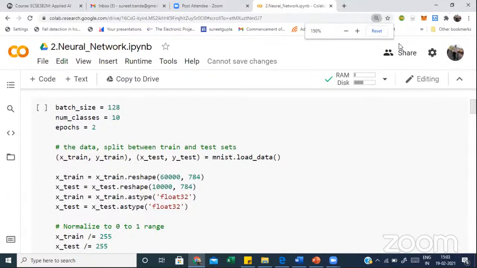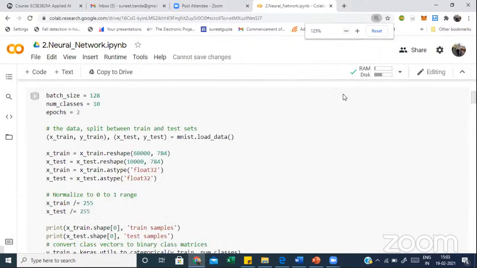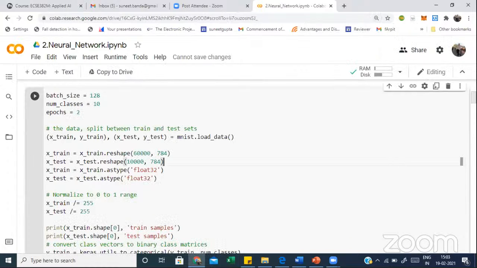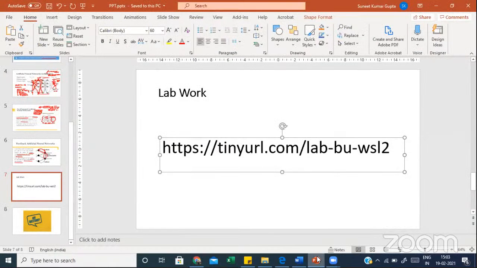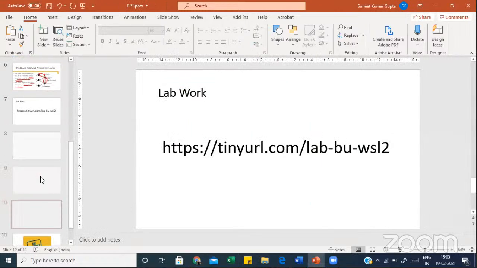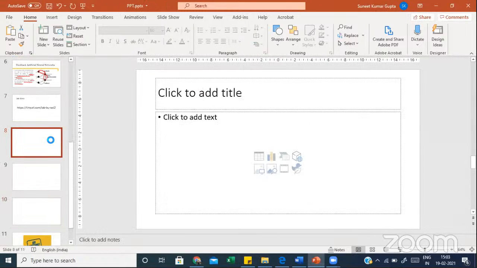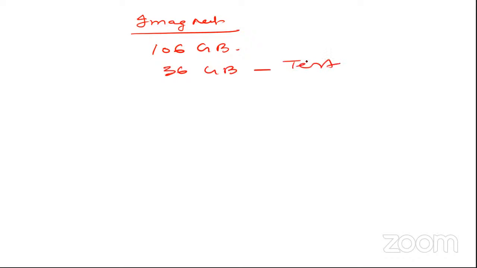In the next cell, the first line is batch size. Why batch size is important, I'll explain in the PPT. Let's say I take one example of a data set named ImageNet. The size of the data set is around 106 GB for training, and 36 GB of data is there for the test.